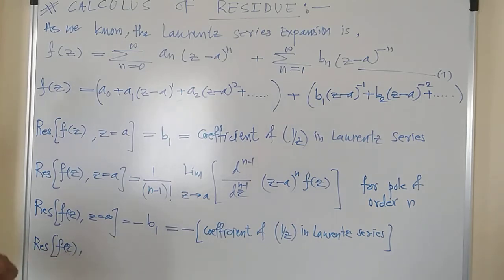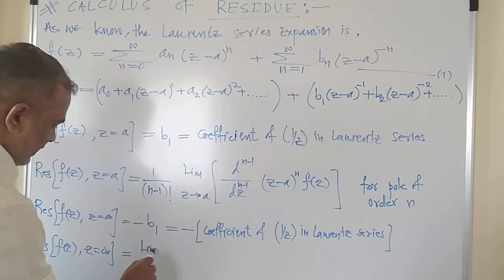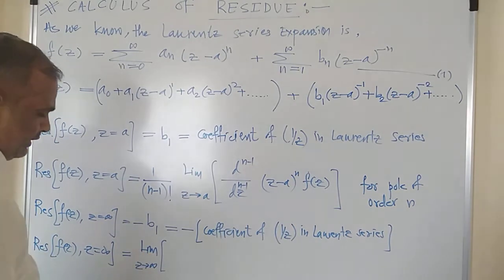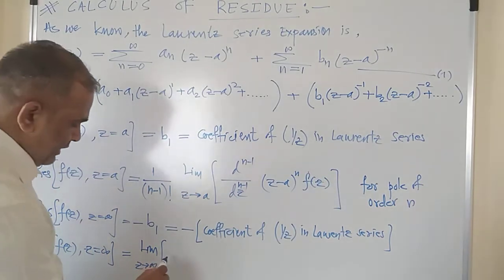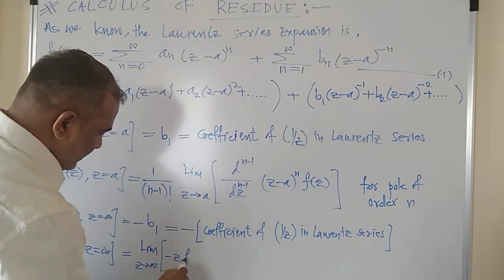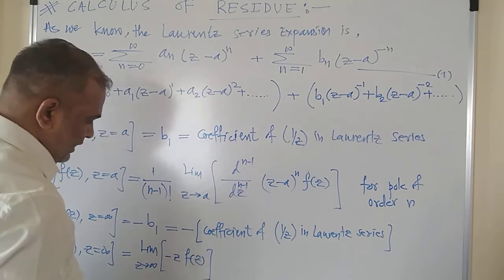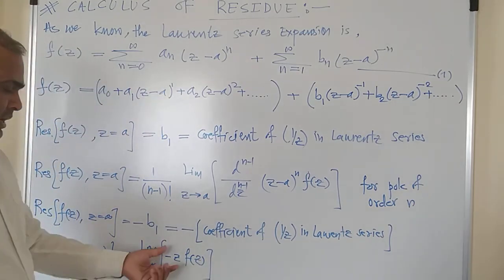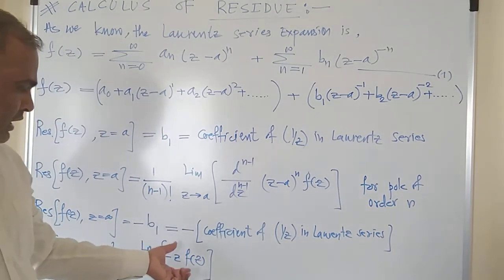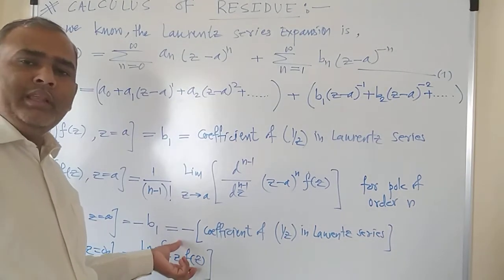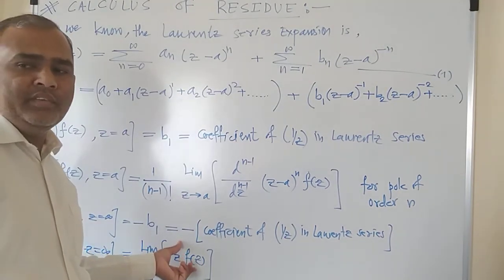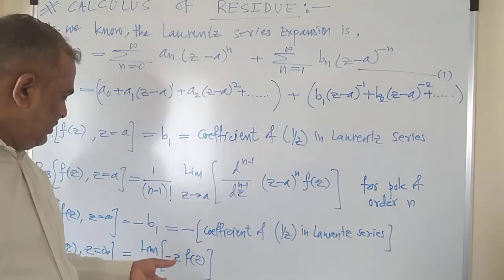So the residue of the function f of z at z equals infinity is equal to limit z tends to infinity of minus z into f of z. There are a lot of adjustments you need to make while calculating the residues of the function at infinity. We'll study those.